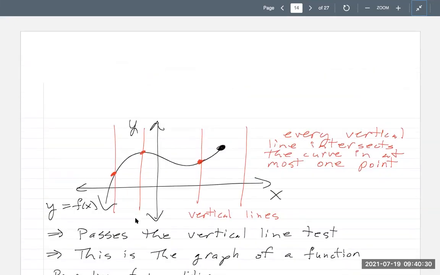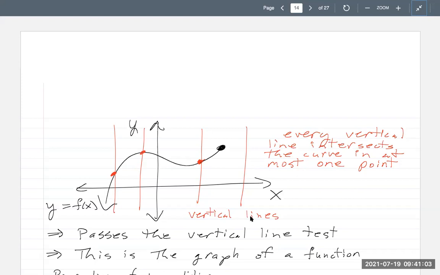Please note one level of confusion that students have in this course is when they graph functions, they'll have functions that will not pass a vertical line test. Remember, if a curve doesn't pass a vertical line test, it is not a function. So if I'm telling you to graph a function, it must always pass a vertical line test.